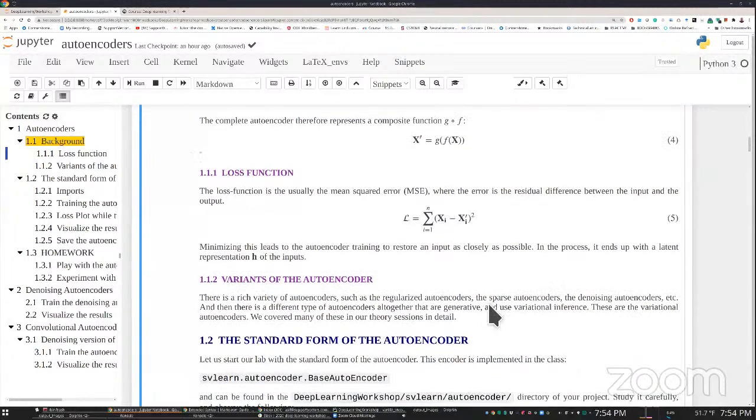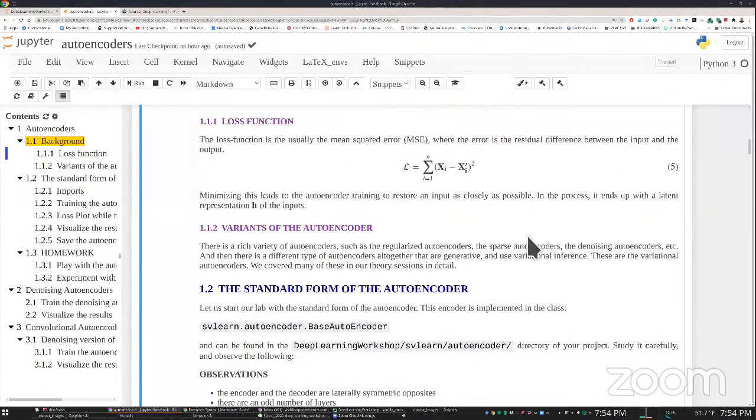Okay. So now there are many variations to the autoencoder. We have the regularized autoencoders, the sparse autoencoders, the denoising autoencoders, the contractive autoencoders, and these are all the autoencoders. And then the variational autoencoders are a completely different beast. Even though they follow the architecture of autoencoders, they're generative models.